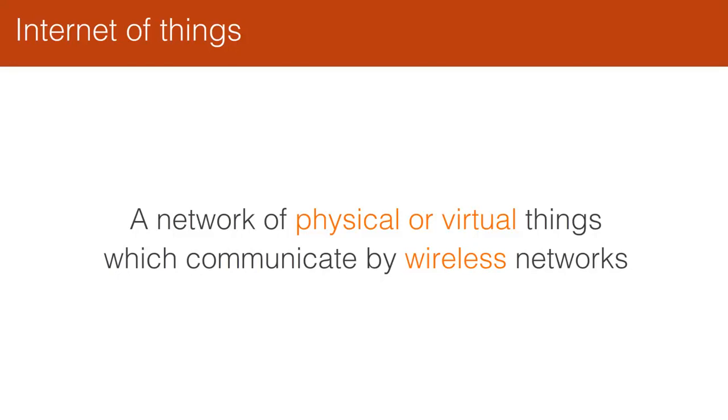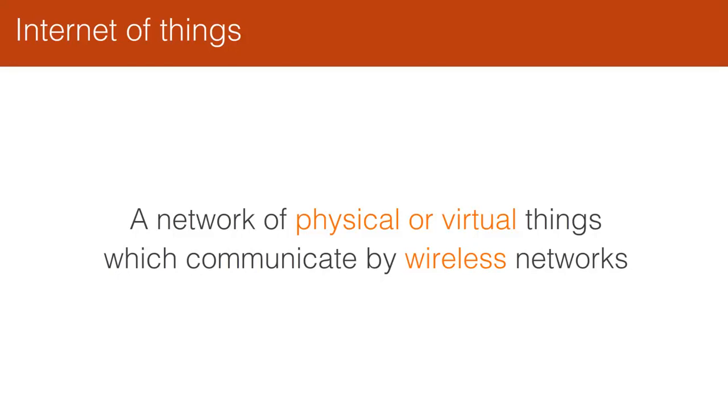For example, all the lamps of a building. And finally, the last important point is that it will be necessary to be able to communicate with all of these entities.